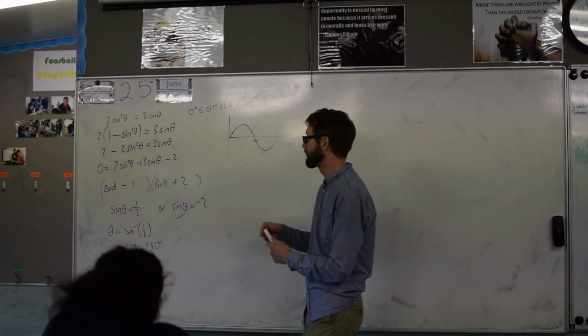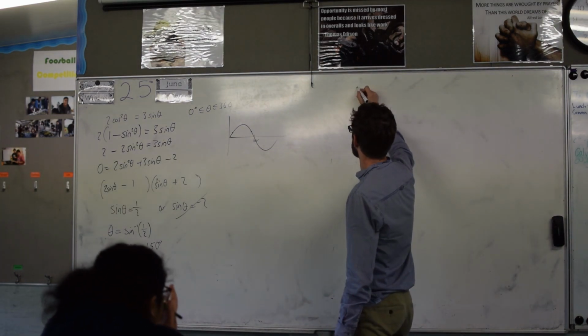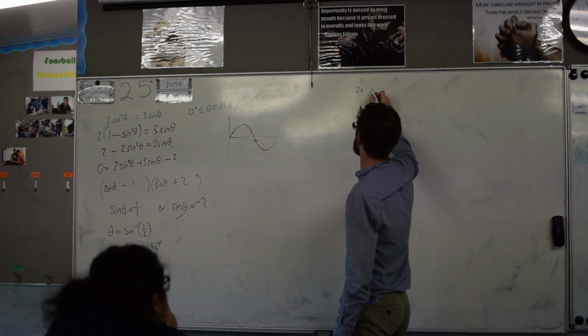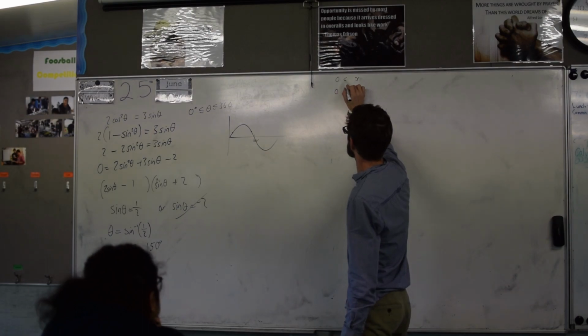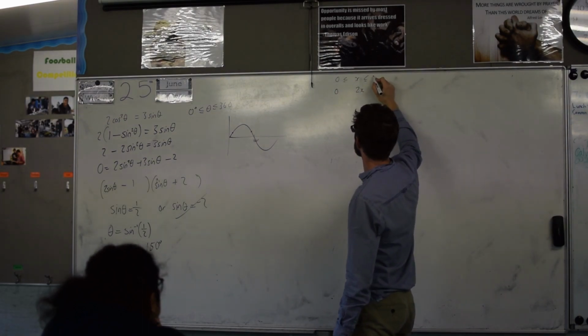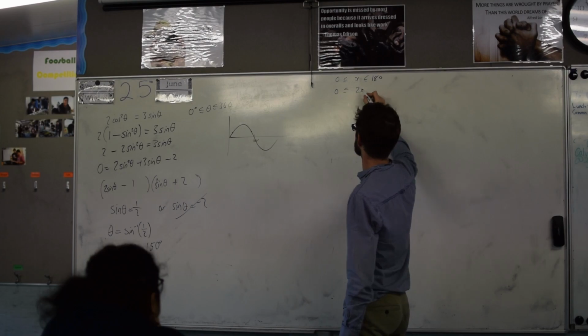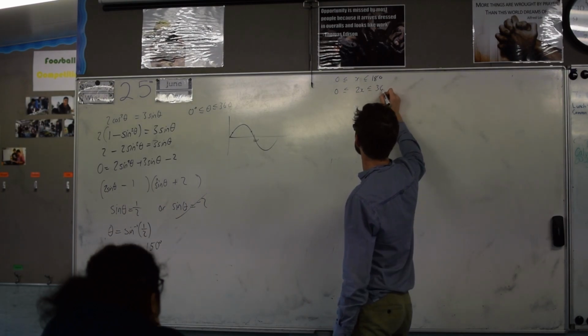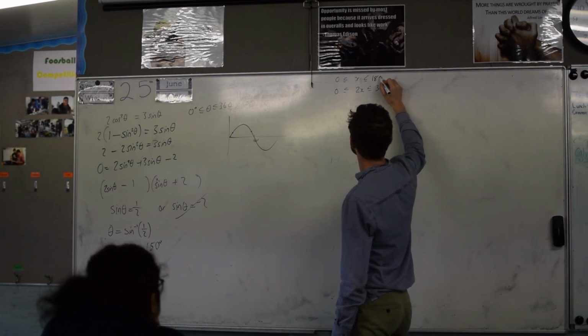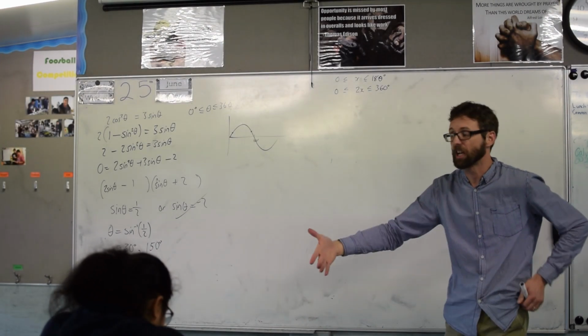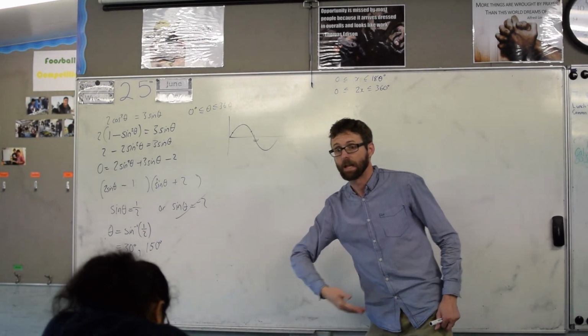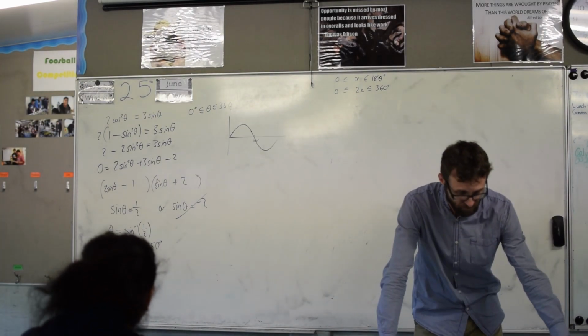Remember when we were doing that last one, 2x, and we had x between 0 and 180, and therefore we had to do this sort of thing. They're saying there's going to be an integer in front of theta, like a 2 or a 3 or something, right?